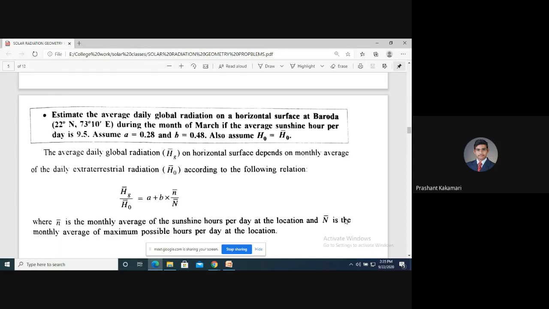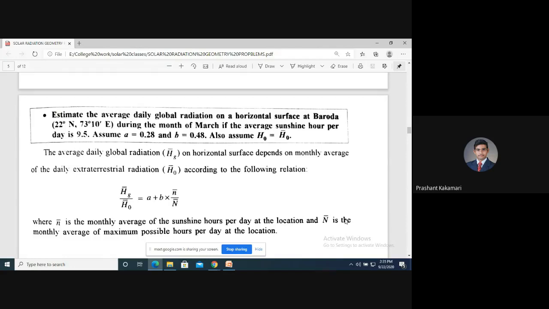So if I read the complete question, the first thing is we need to find the average daily global radiation. Whenever we say average radiation, that comes under monthly average. This is the first part we need to understand. Monthly average we need to find out. Next is daily global. Daily means we are going to denote it by H value.